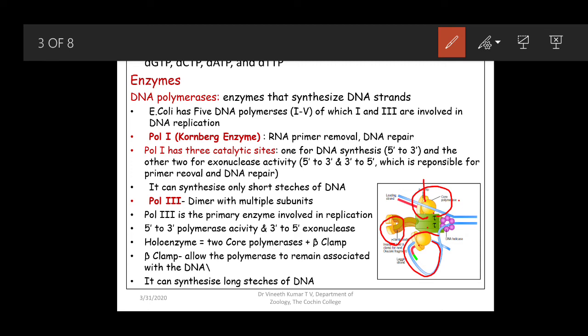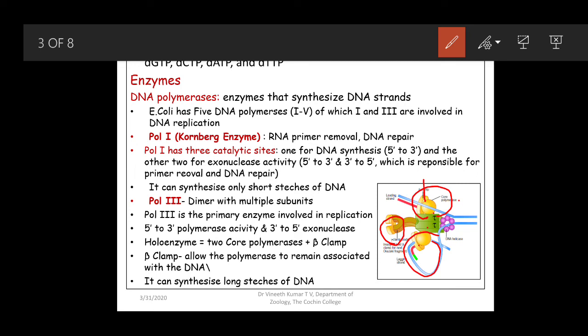As this is the main enzyme in prokaryotic DNA replication, it can synthesize long stretches of DNA compared to pol 1. I think there is some mismatch given in your textbook regarding the Kornberg enzymes, etc.